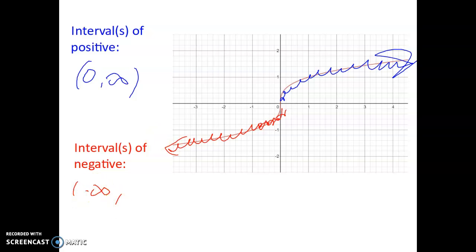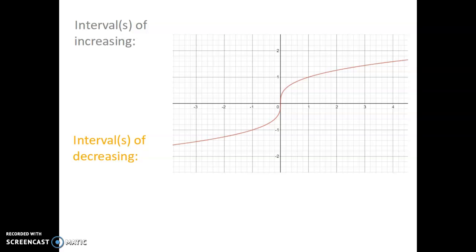It's negative forever that way, and it stops being negative at 0. Okay, so what do you guys think? I didn't include 0 here. Does that mean that I should include 0 here? No. The y value at 0 is 0, which is neither positive nor negative, so it is not included in either place.